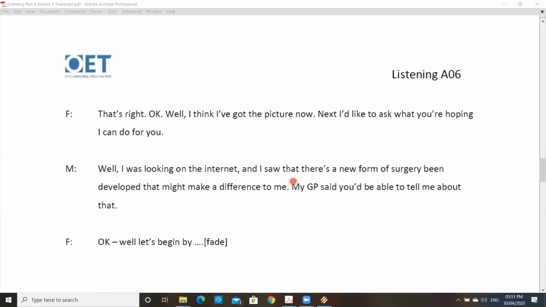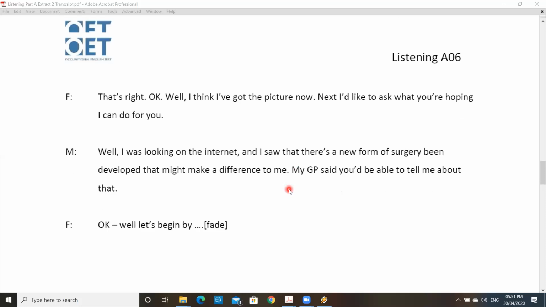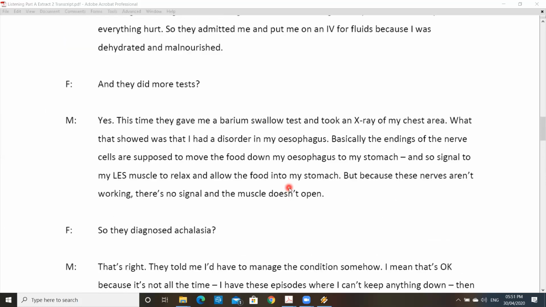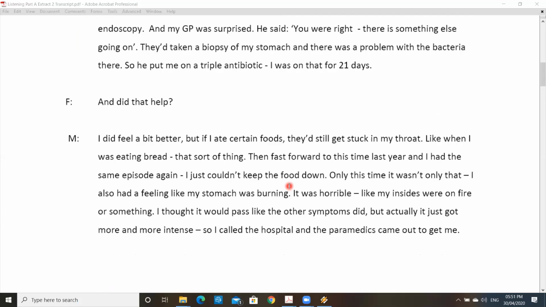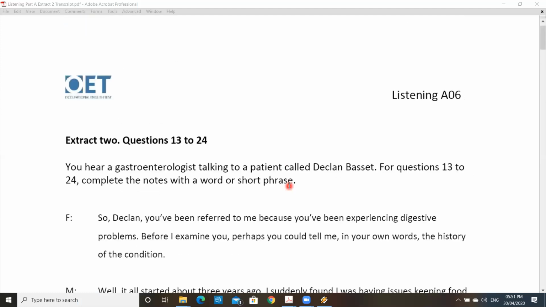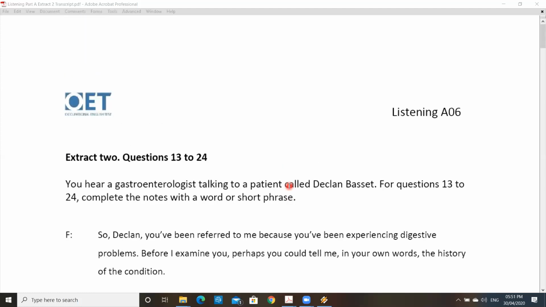And the new form of surgery. Okay. So even when you are practicing from beginner or intermediate books, make sure that you are following this strategy. Do not do it just for doing it. Do not do it in the exam. You are going to get just 30 seconds for prediction, but you shouldn't do that when you are doing beginner or intermediate.